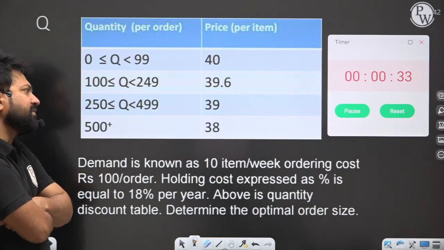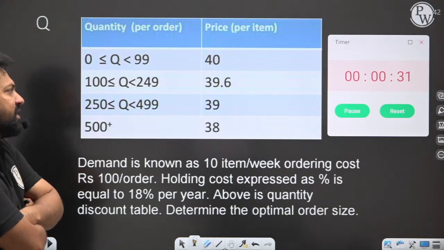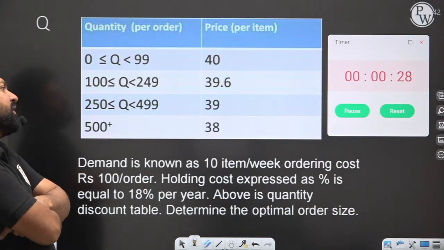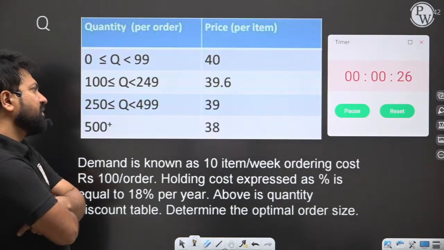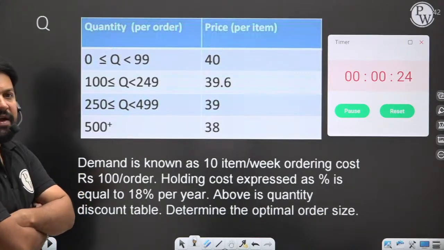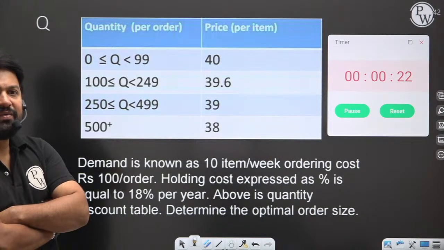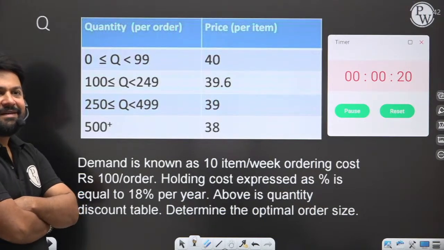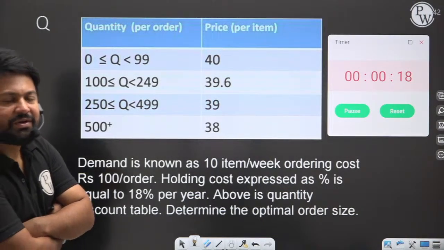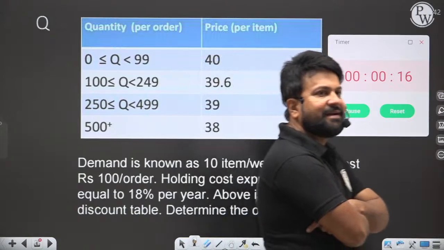34, 33, 32, 31, 30, 29, 28, 27, 26, 25, 99. Oh my God, the answer has come from Roshan Kumar, that is 99.